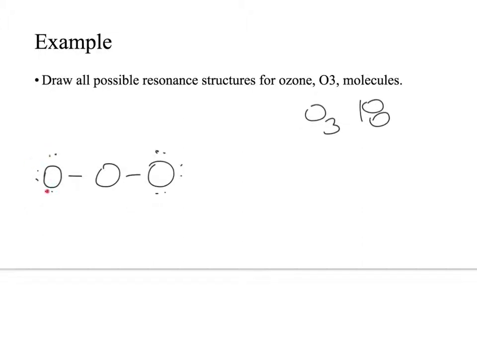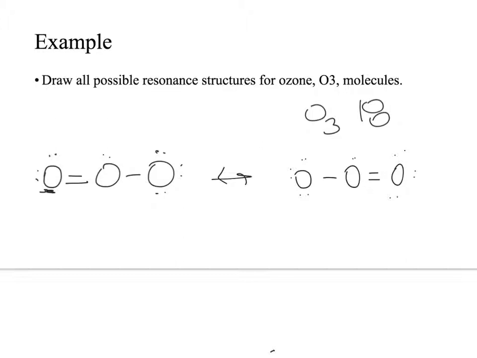So 2, 4, 6, 8, 10, 12, 14, 16, 18. Which means we need a double bond somewhere. Why is this not erasing? It's getting really annoying. But we also could put the double bond on the right. And there you go.